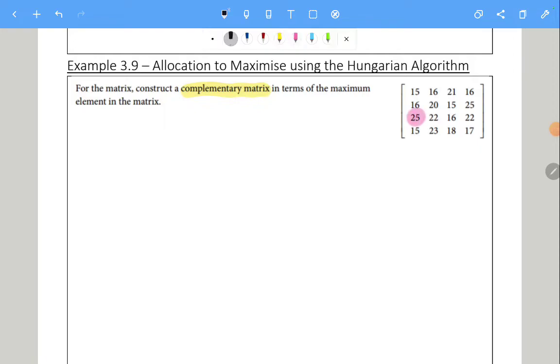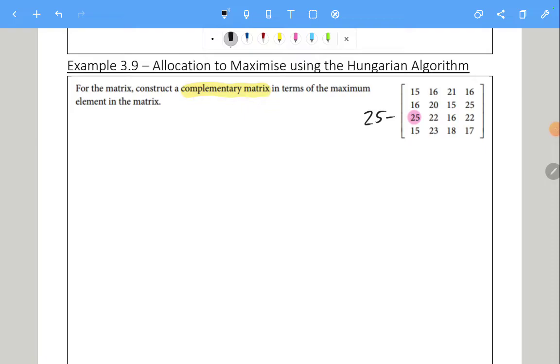If we go 25 and then subtract whatever the number in the cell is, the 25s are going to become zeros, and say the 15s, well, 25 minus 15 is 10, which is bigger than 25. So we can invert it by doing a funny operation: we find the largest cell, and then we take that number and subtract whatever number is in the actual table.